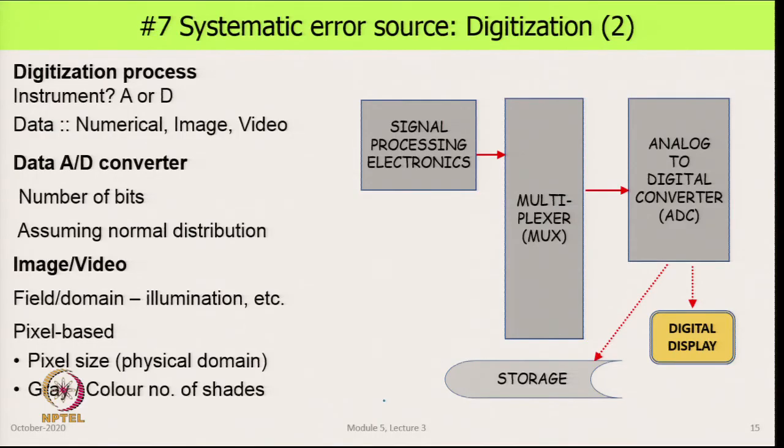As I said, all of this may even be integral to the instrument itself, in which case the analysis is still the same, except that we are not looking at them as individual items. The first thing to note is that we will be talking here largely about data which is a single particular number, a numerical value.